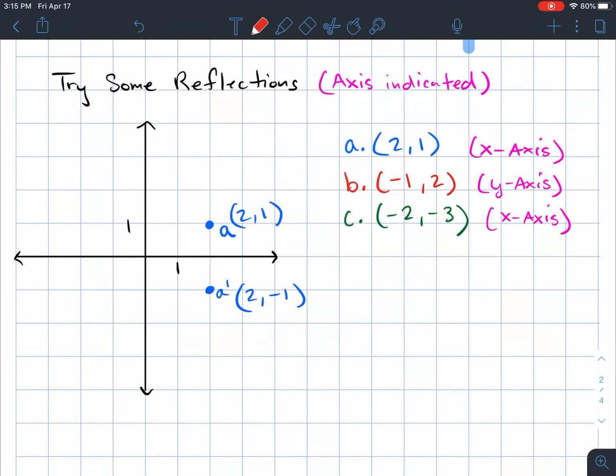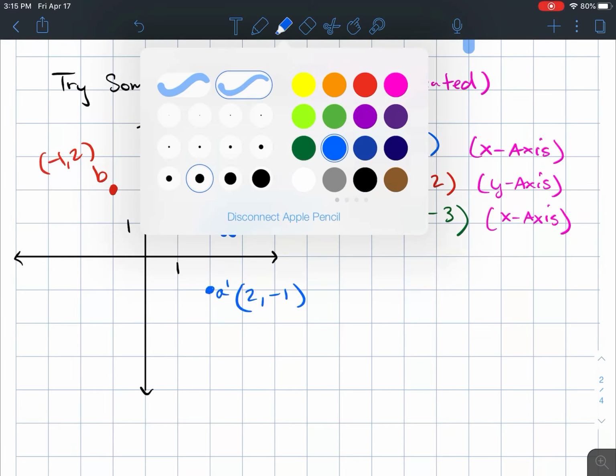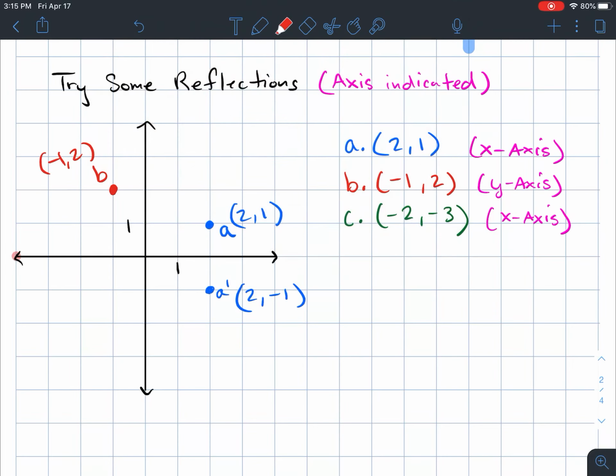B is at -1 and 2, so we would go -1 and up 2, and this would be where B is located. So -1 and 2. Since we're reflecting over the x-axis, we're going to reflect here over that axis. Then we're going to keep this vertical line and just count how many units it is away from the x-axis.